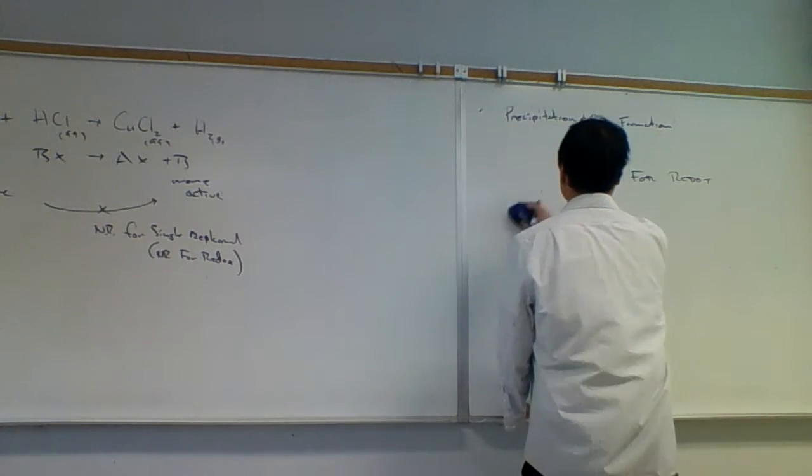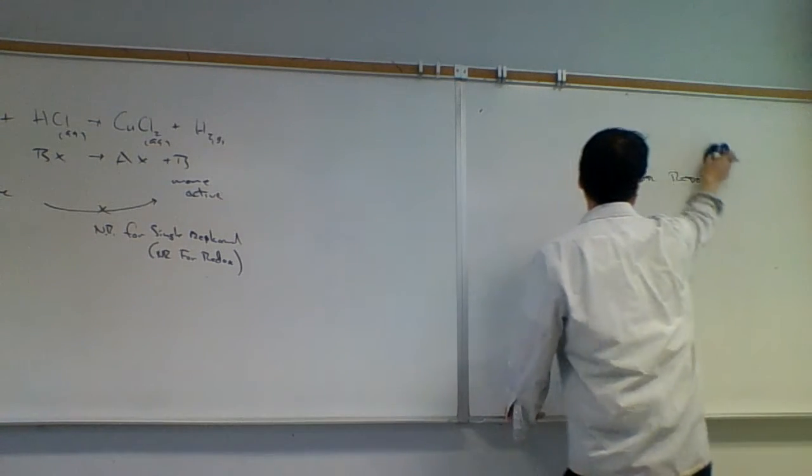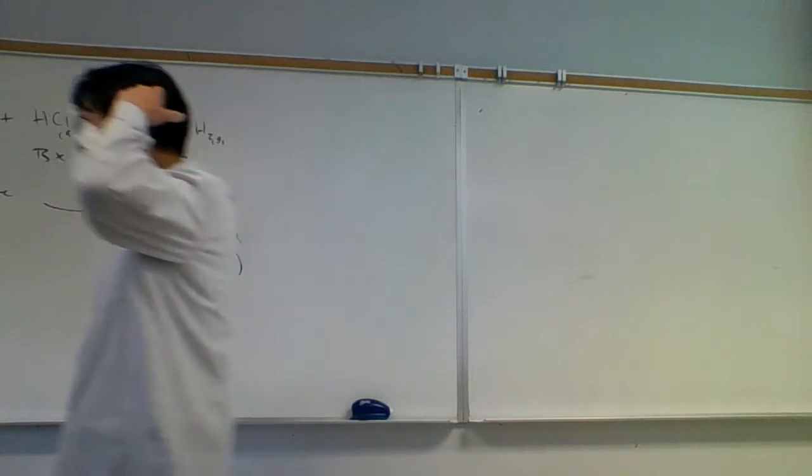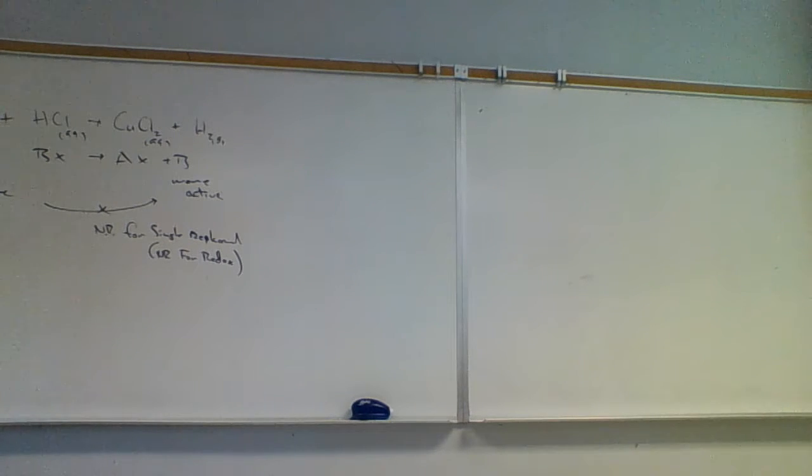Now, the single replacement method can fail. You can tell when it's going to work and you can tell when it's going to fail. Because what did we define these? What was A defined as?